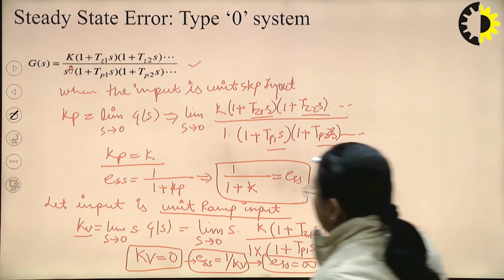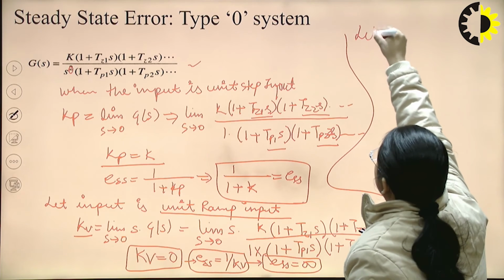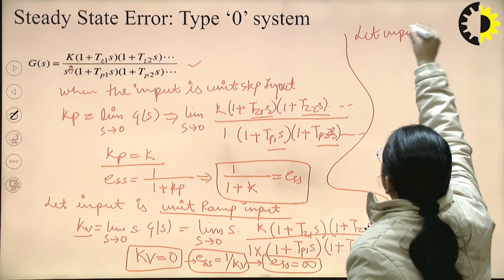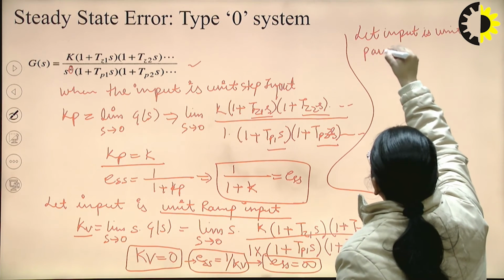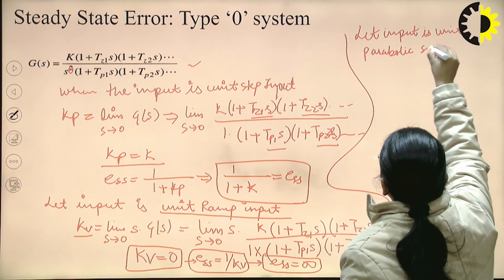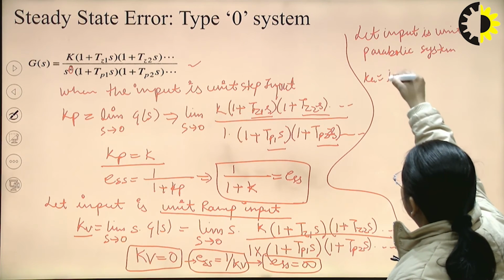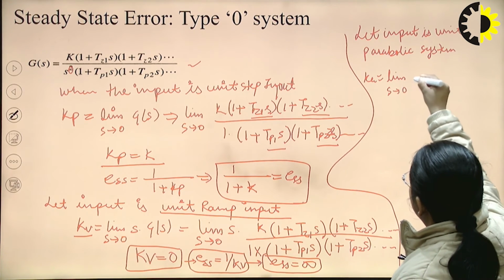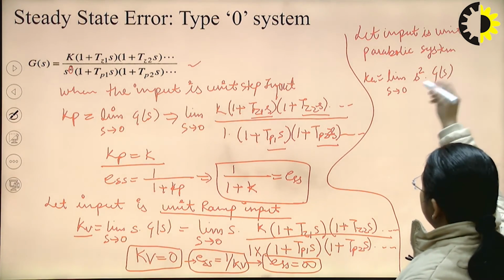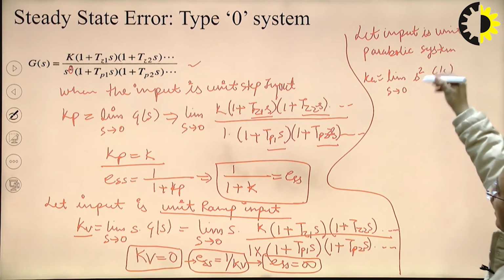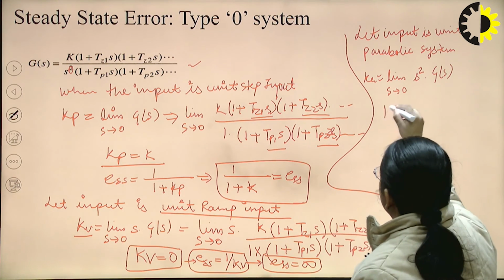Similarly, we can find out the value of Ka. Let the input be a unit parabolic input. Then the value of Ka will be limit S tends to 0, S square into G(S). So when we put the value of G(S) here, because of this S square, we put S equal to 0, so it comes out to be 0.